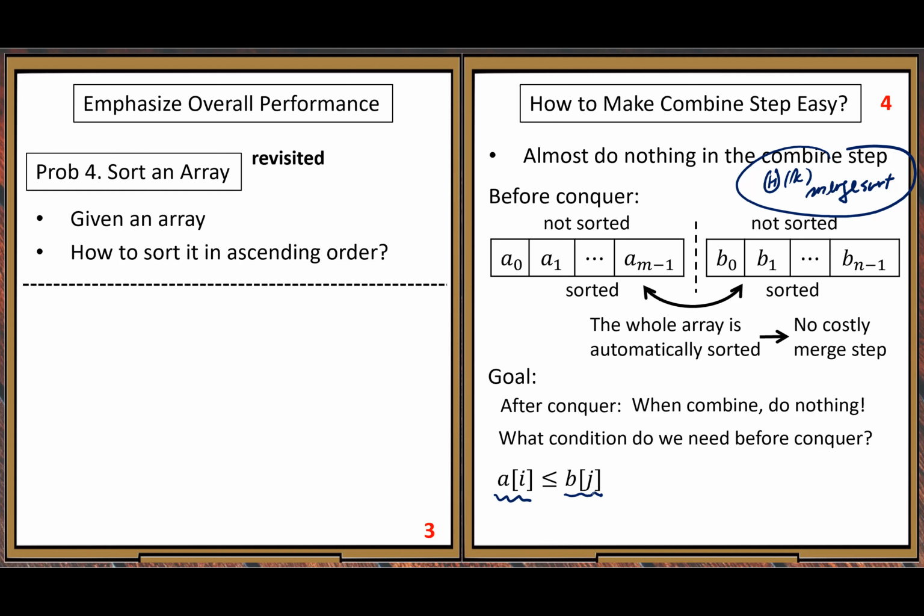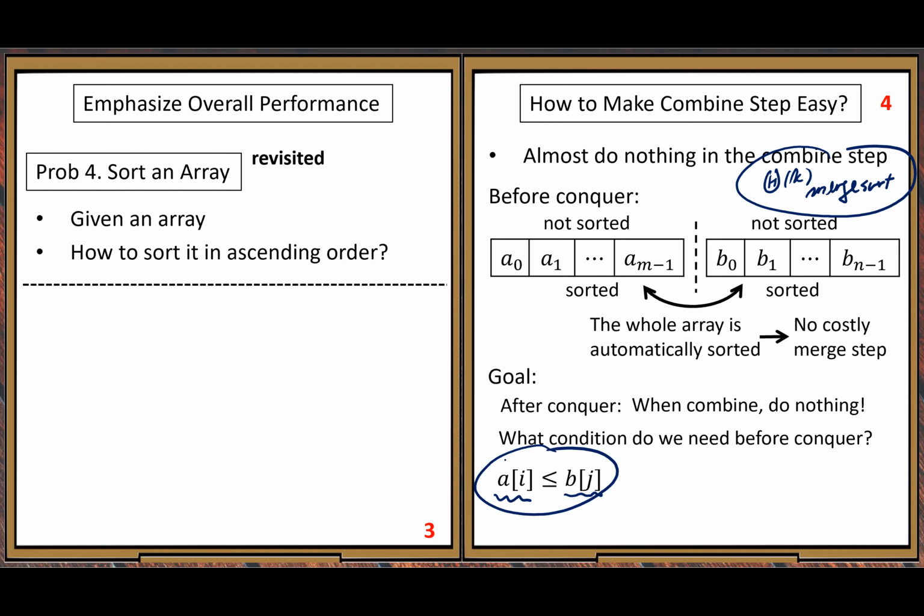This is the desired property we want to have before the conquer step. Or in other words, in the divide step, we want to make our data have this critical property.